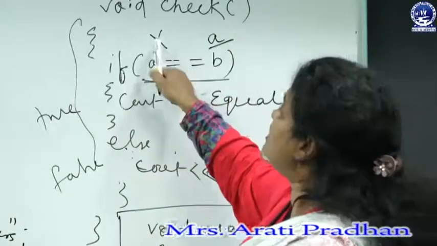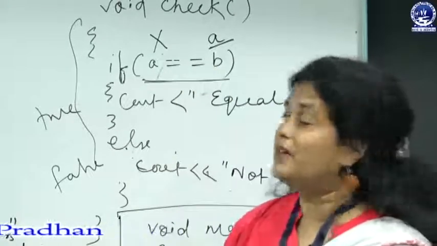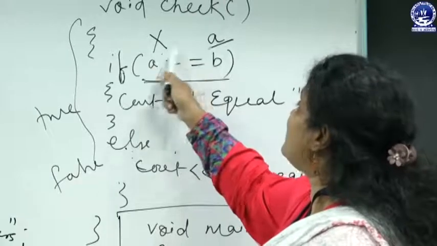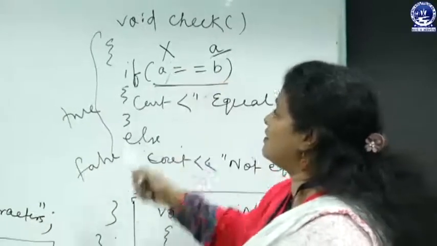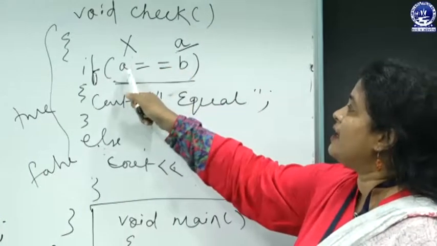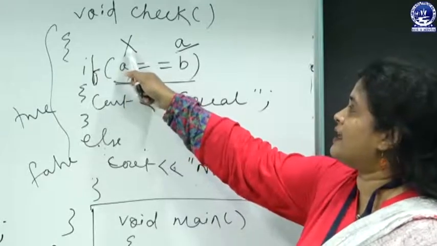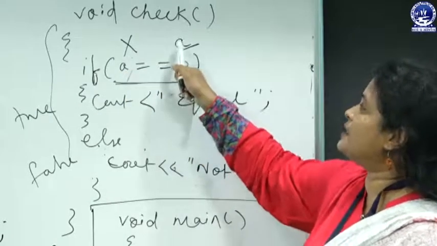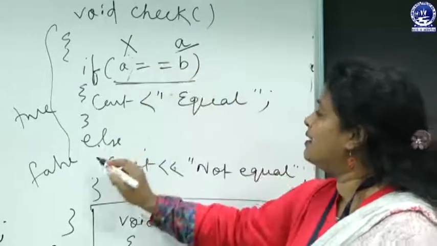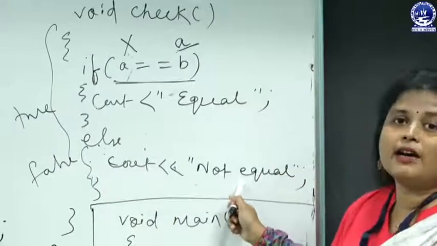When you are checking capital X with small a, which one will be smaller or greater? These two are not equal. A variable consists of capital X and B variable consists of small a.